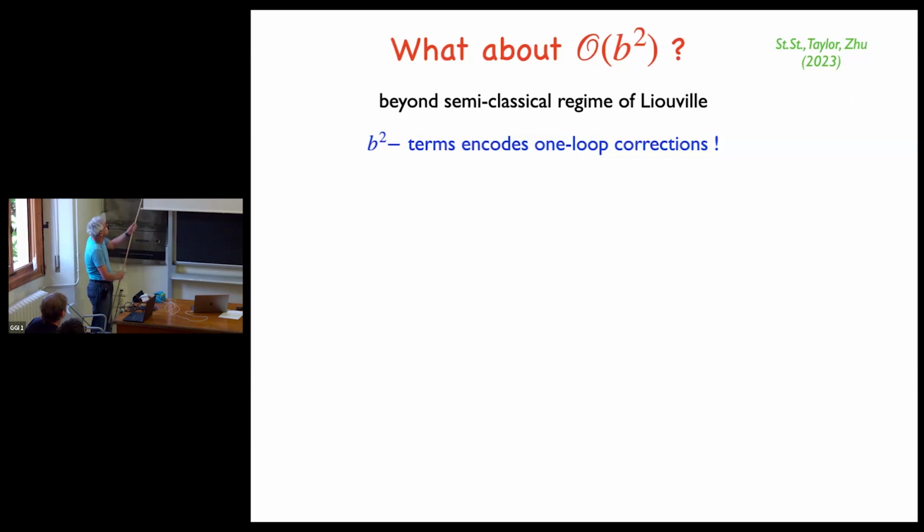So I have said that this is then the b goes to 0 limit, which corresponds to large background charge Q. And now you can look at what is the next order in b, which is b squared. What do they describe? In fact, they exactly describe the one loop correction in this amplitude in the dilaton background. So we computed last year this first order correction to this dilaton background in Liouville.